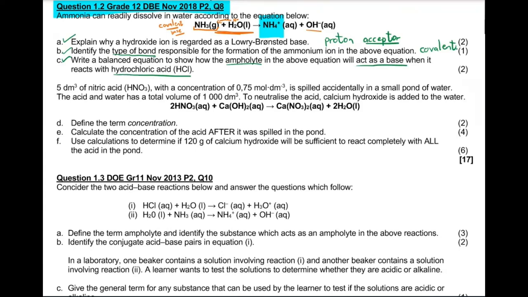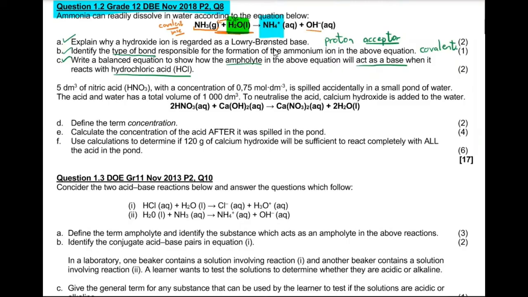A substance that can act as an acid or a base. And in this example, I'm just going to refer to the most obvious one that we have dealt with, and that is water. So what they're asking us is to write a balanced equation to show how the amphiprotic substance, water, in the above equation will act as a base when it reacts with hydrochloric acid.